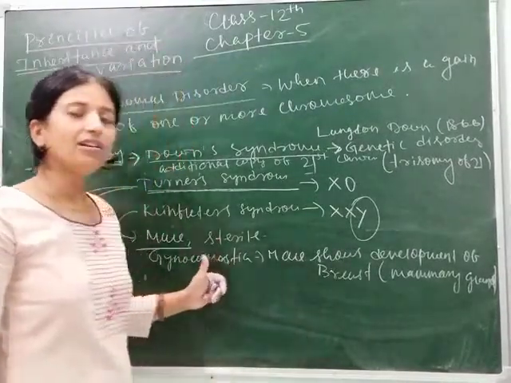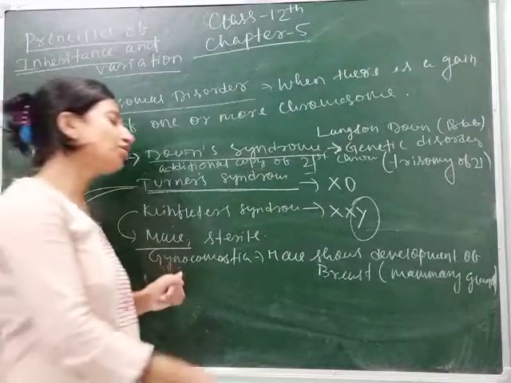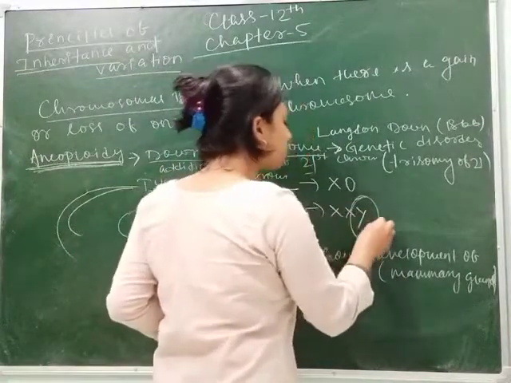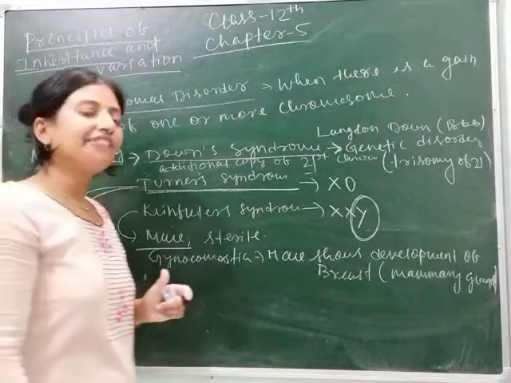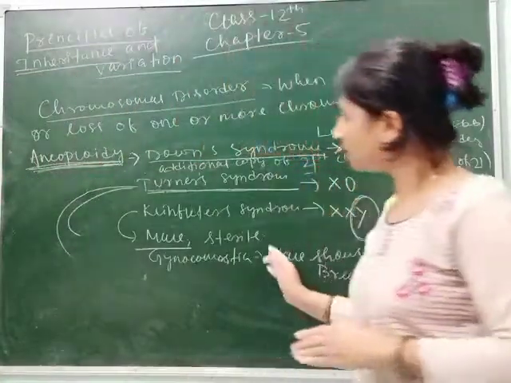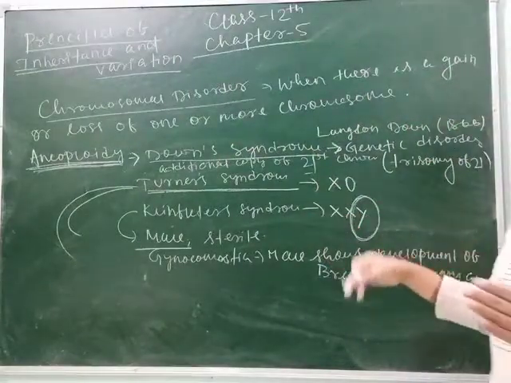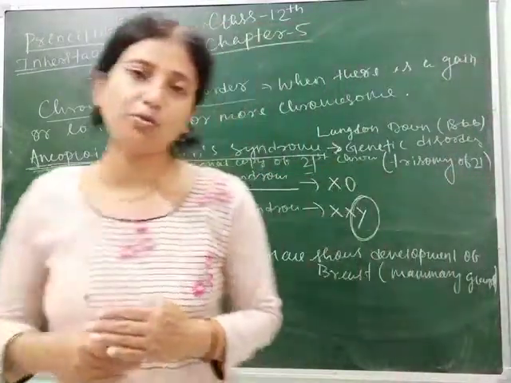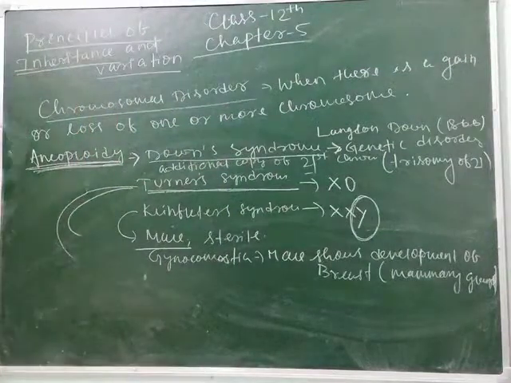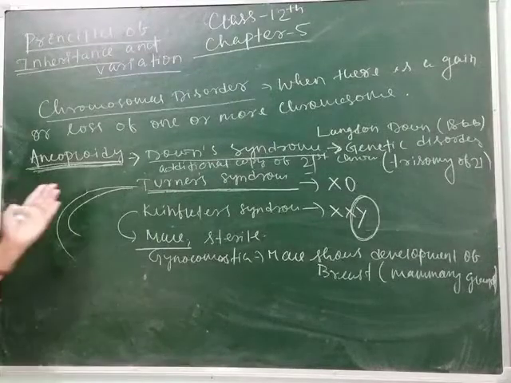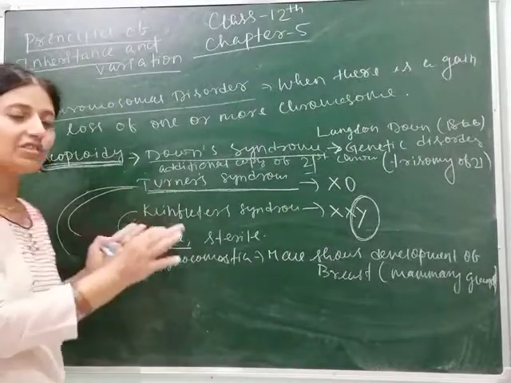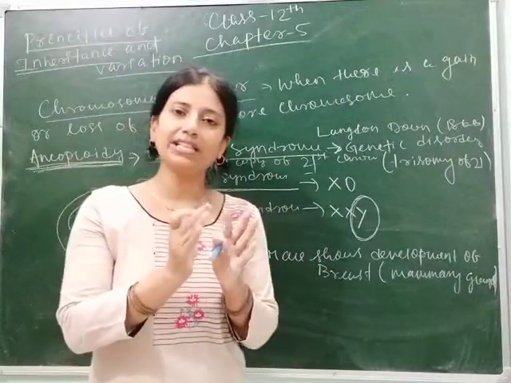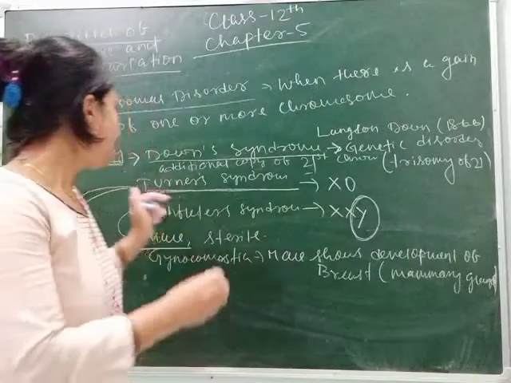They are tall, sterile, and this is caused due to the presence of an extra chromosome. If that person had a normal chromosome complement, then it would be a normal male or female, but here one extra chromosome is found, means XXY. So this is called Klinefelter's syndrome.